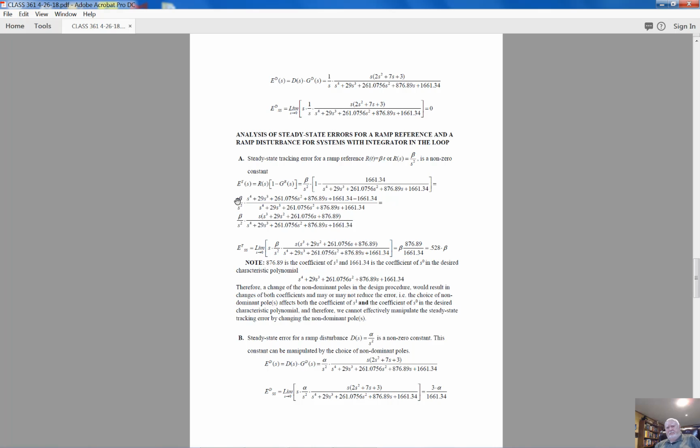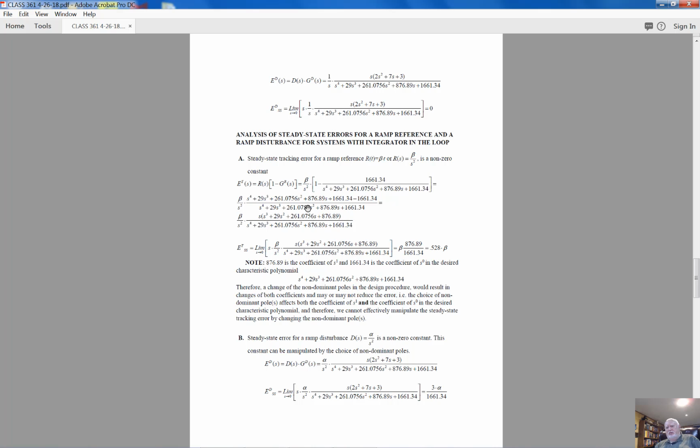Let's work on it. This is the tracking error. It's equal to reference minus system response to the reference. Reference is written beta over S squared in front of the square bracket. In the square bracket, I have 1 minus the transfer function for the reference.